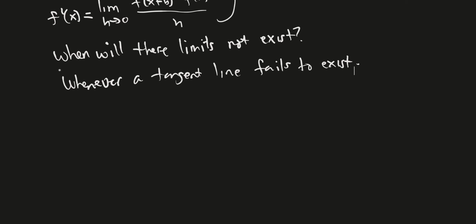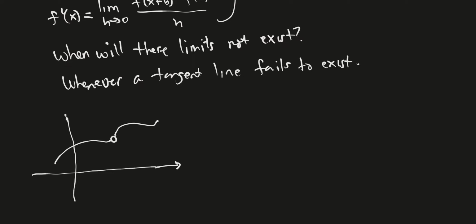And what I will do, I'm going to sketch 3 functions. So let's say we have that function. And in fact, let's even put a dot right there. And then here's another one. Let's say that one's shaded in, and then that one's open.